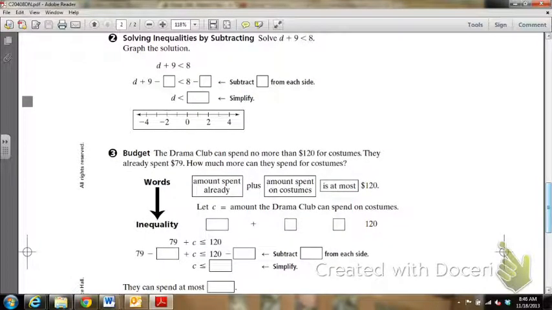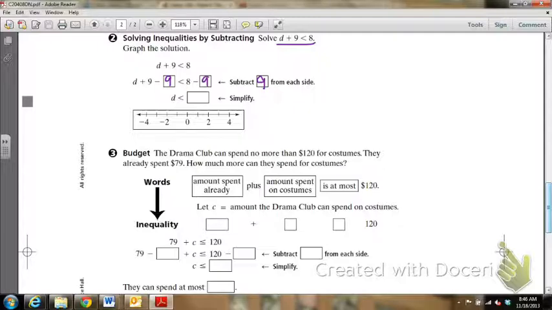Now we're going to try solving inequalities by subtracting. So here's our inequality. We have d plus 9 is less than 8. So because I'm trying to get the d by itself, I have to do the opposite of plus 9. And the opposite of plus 9 is minus 9. And whatever I do to one side, I have to do to the other side. So I'm going to subtract 9 from each side.